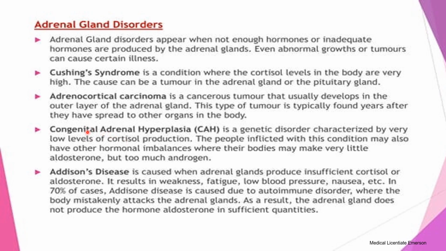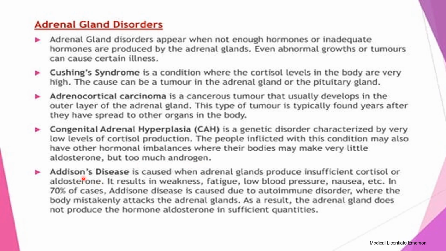Then you also have congenital adrenal hyperplasia, which is a genetic disorder characterized by very low levels of cortisol production. Then the people afflicted with this condition may also have other hormonal imbalances where their bodies may make very little aldosterone but too much androgen.